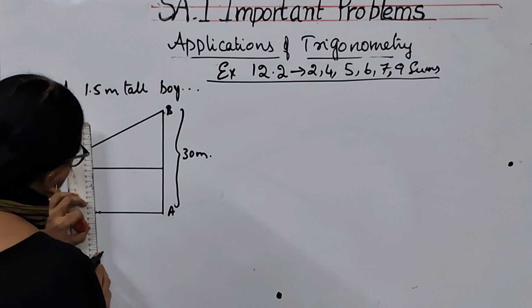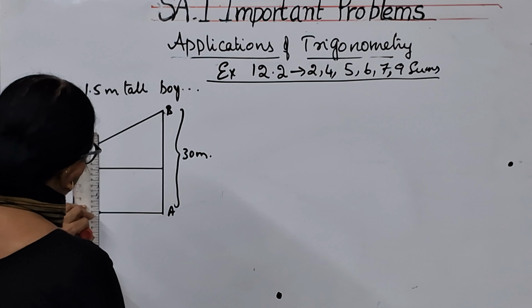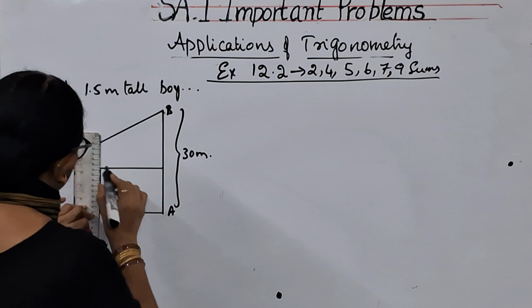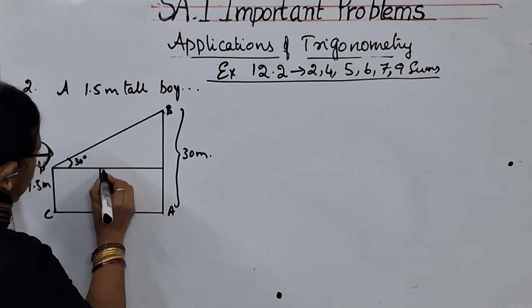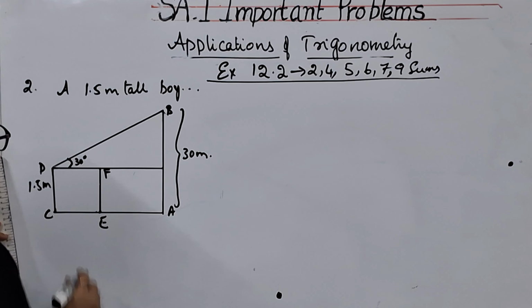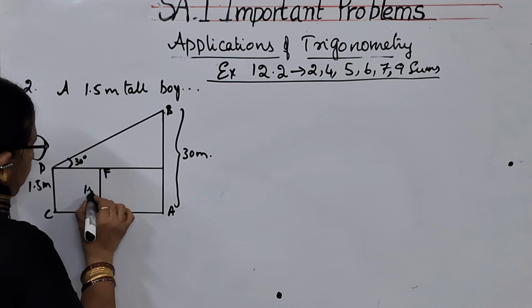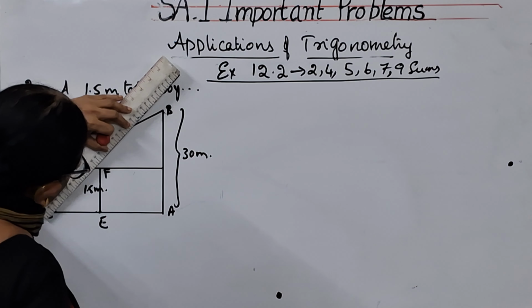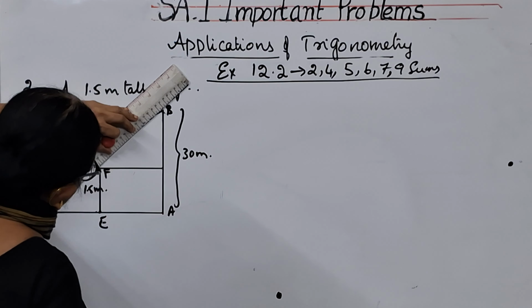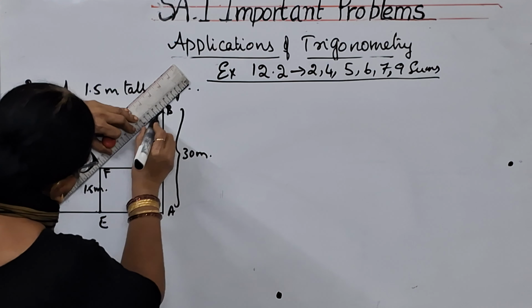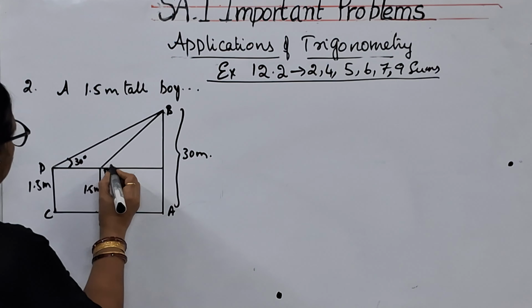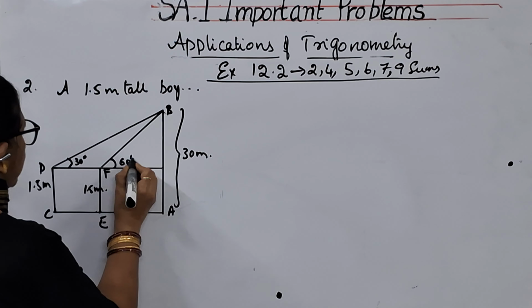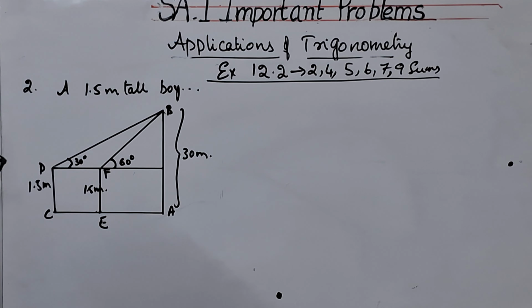Let me take this as E and F. Since the person has moved, his height will not alter, so this is also 1.5 meters. Now the angle of elevation has changed to 60 degrees.